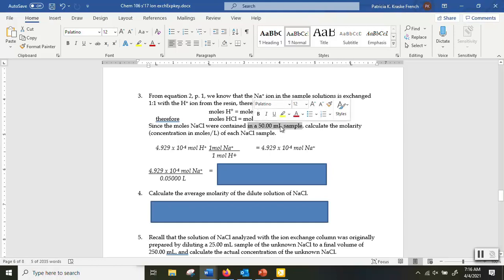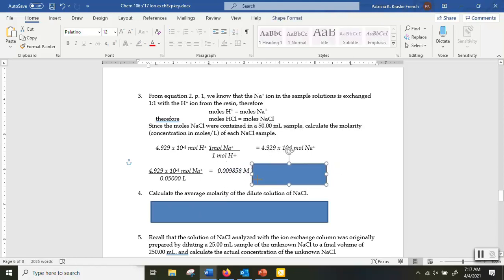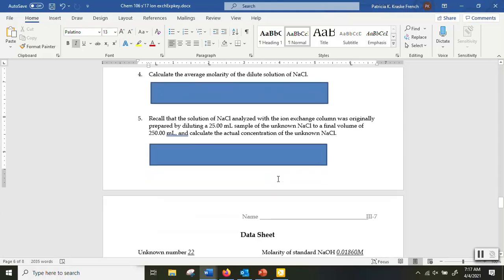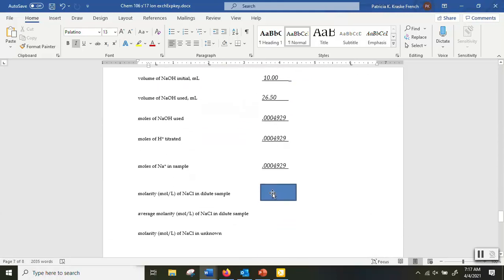But all that water that you were flushing it with didn't matter. What mattered was that you had only put in salt, Na+, from that 50 milliliter sample. So the concentration was simply 0.0004929 moles of Na+ divided by that 50 milliliters in liters, keeping the correct number of significant figures. And now you have the molarity, which you'll also fill in right there.